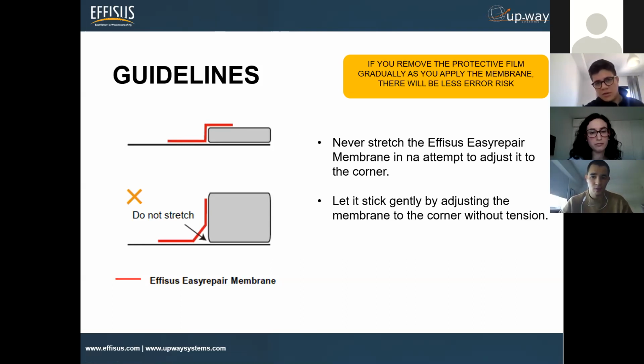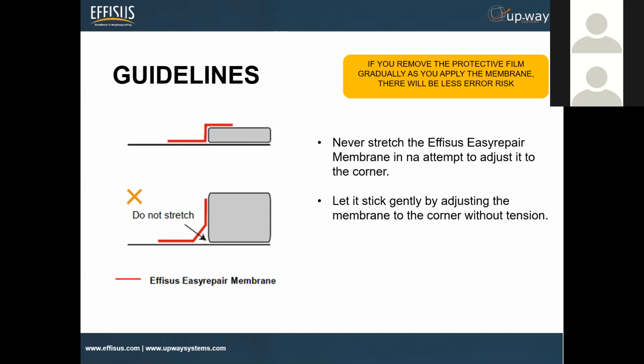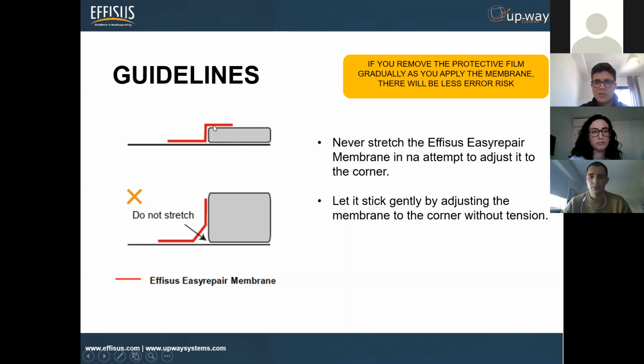I think it's one of the best characteristics of the product itself, because some situations are just a plain horizontal application, but we do have some applications where you need to do this type of corner. Again, as Mark was saying, be careful when you have sharp edges, and we recommend applying a strip of the Subon tape as well, just to make sure the sharp edge will not cut or damage the membrane itself.